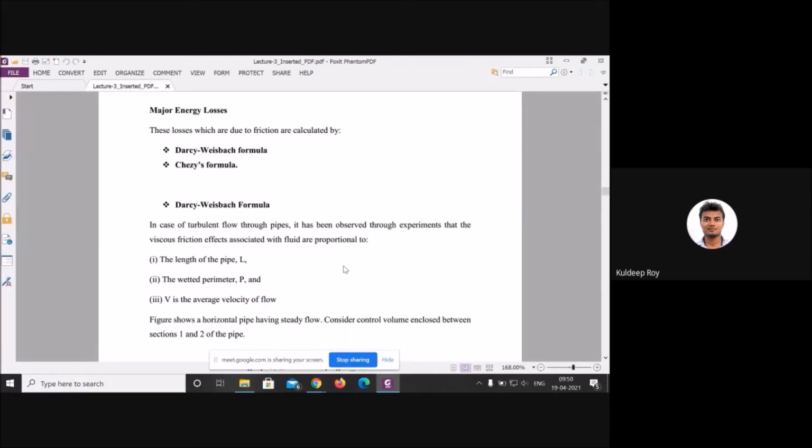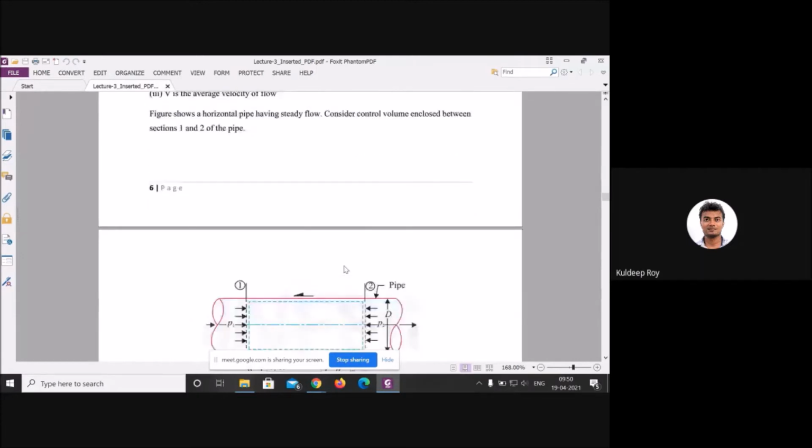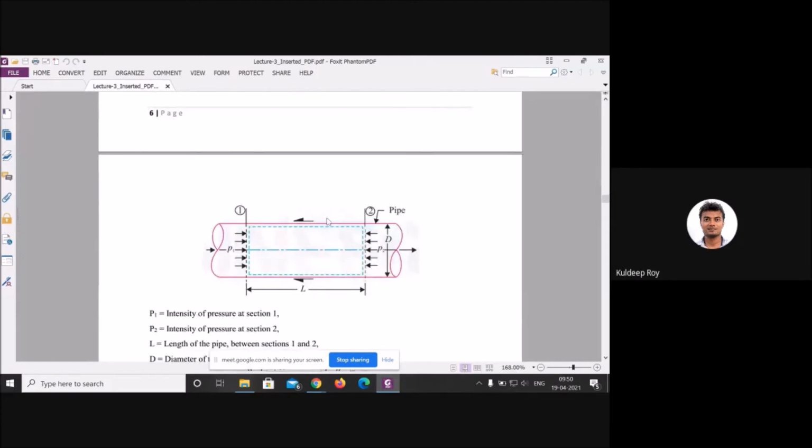Then what you have to do is design a pipe. This is your pipe from position 1 to position 2. You cut out a 1 inch segment. This is called the control volume, as I already told. This whole portion is called the control volume. This is the pressure exerted in this direction. Fluid is flowing from this to this direction.